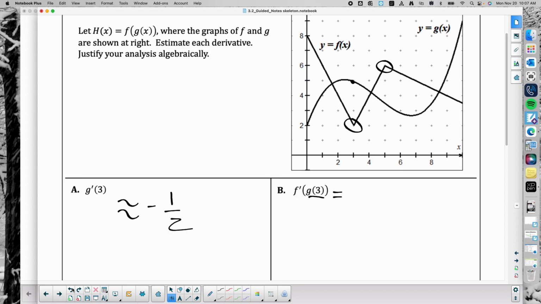G of 3 is not finding the slope at 3, it is finding the height at 3. So, the height at 3, that looks like a tiny bit less than 5. So let's just say 4.9. I'm assuming your graph looks the same where the line looks right below the cross. So I'm gonna say roughly 4.9-ish.